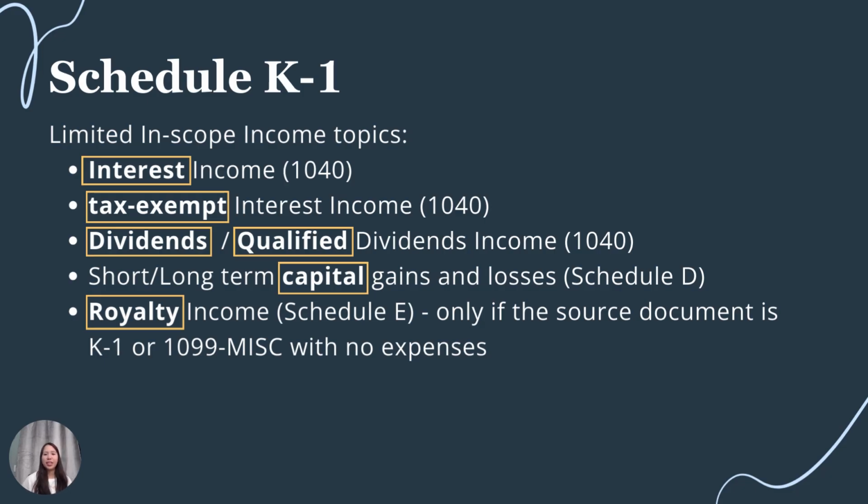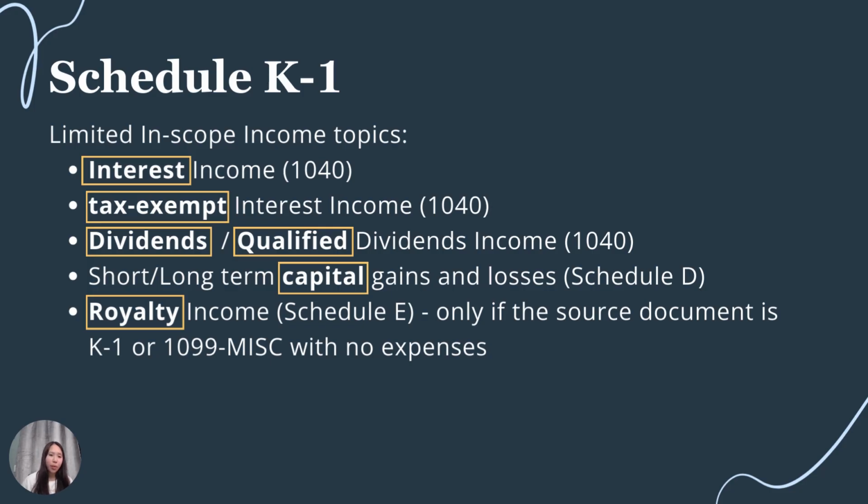However, the VITA program isn't all expansive as we are a volunteer organization. So if you are a taxpayer interested in this volunteer service, I encourage you to look over these limited in scope income topics. If you're a taxpayer and you have either interest income, tax exempt interest income, dividends or qualified dividends income, short/long-term capital gains and losses or royalty income reported on Schedule E, we can only do a limited amount on these topics.